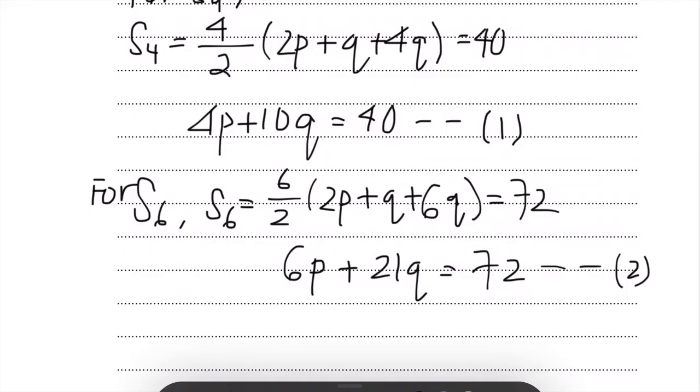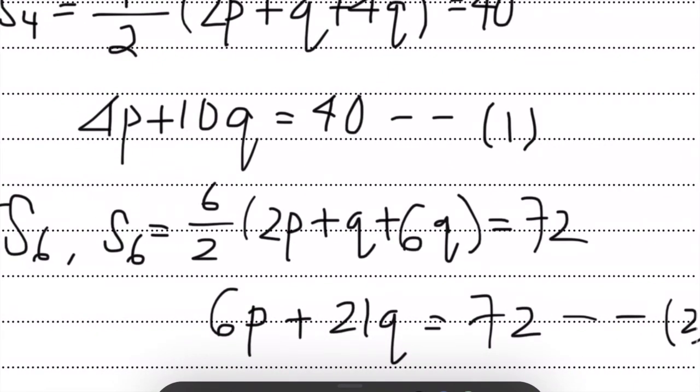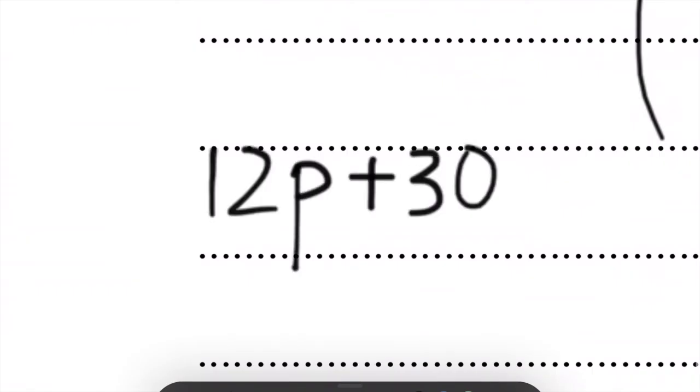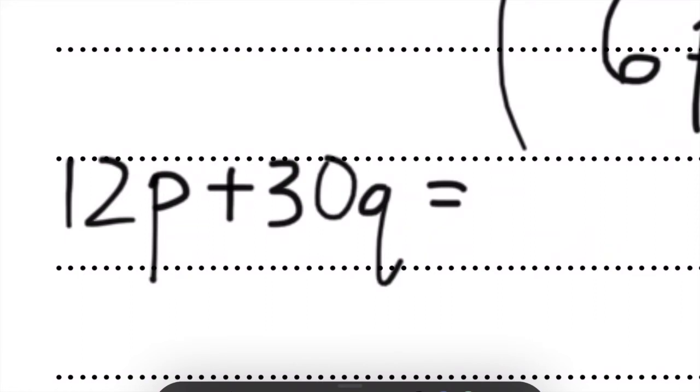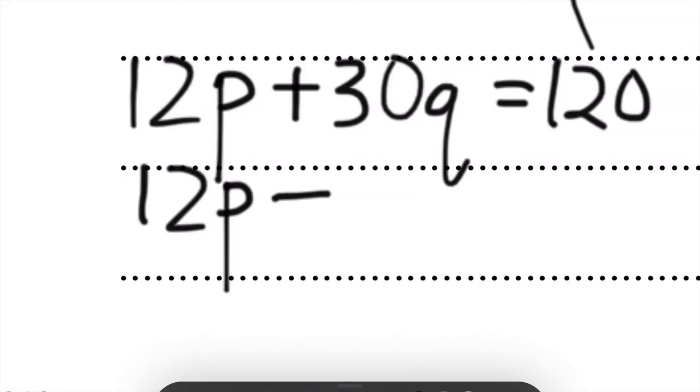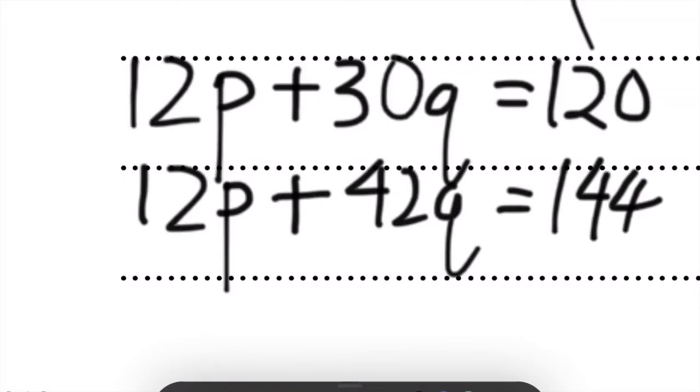I will use the elimination method, but you can also use the substitution method. Now I will multiply by 3 here, and I will multiply by 2 here to get 12p for both. So 12p plus 30q is equal to 120 for the first equation. 12p plus 42q equals 144 for the second equation.